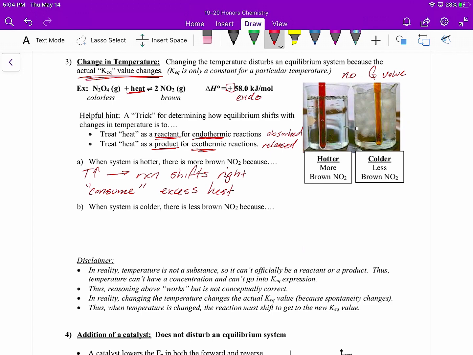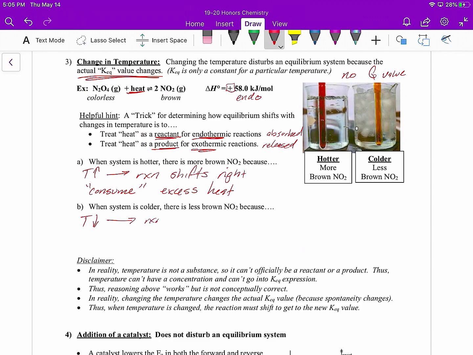Now, when you make the system colder, when the temperature goes down, you can think of this like establishing a hole where the heat was. So whenever you establish a deficit, whenever you establish a deficiency in that reaction, the reaction's going to shift in a way to refill the hole that you just made.